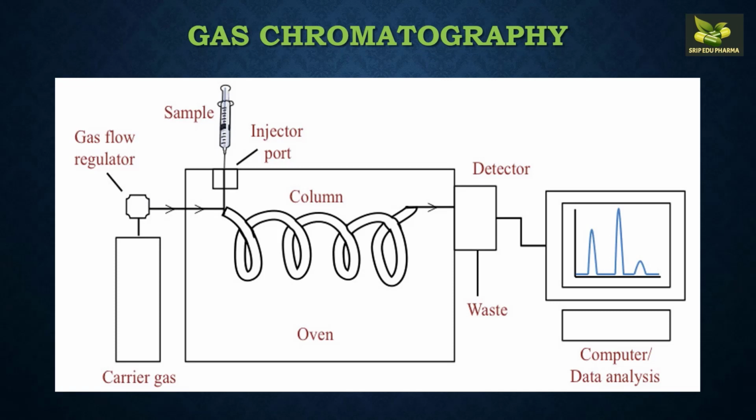With this uniform flow of mobile phase at a uniform pressure, it is diverted towards the column.